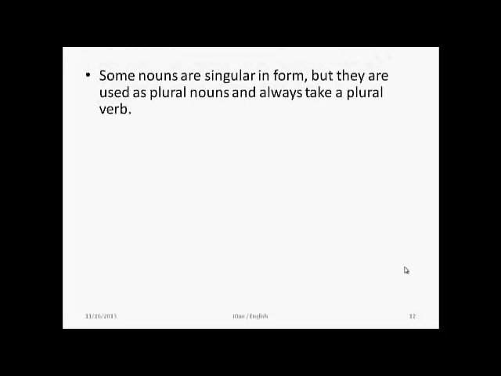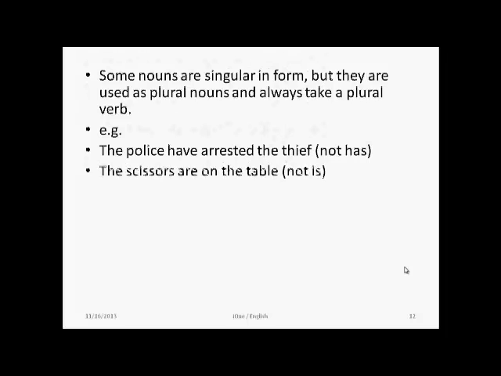Now some nouns are singular in form, but they are used as plural nouns and they always take a plural verb. For example, the police have arrested the thief and not has. The police here is the plural noun. We do not say the scissors is on the table. We say the scissors are on the table.